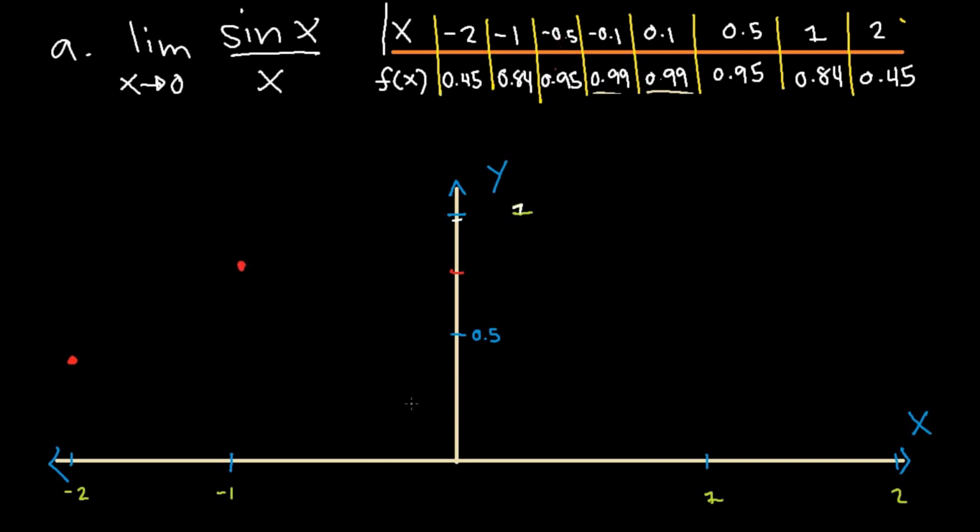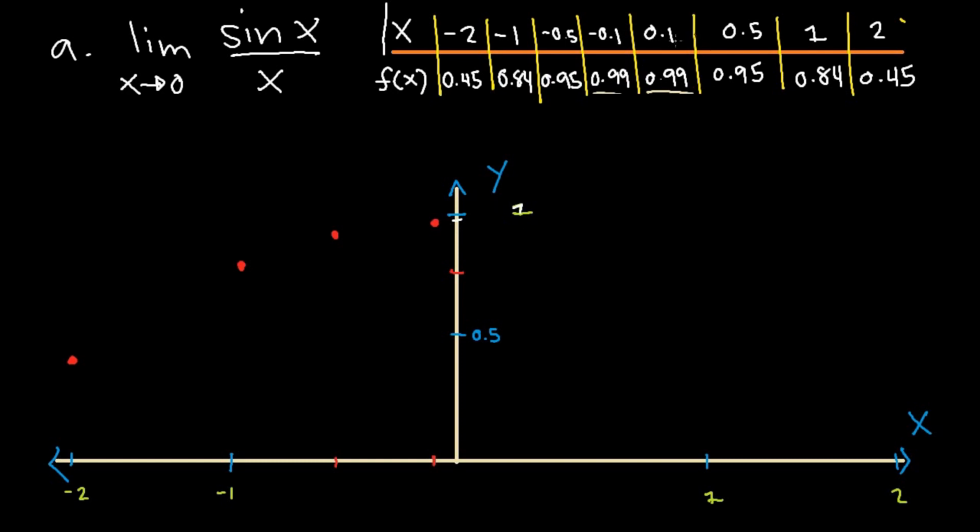So negative 0.5, which is diri, imong value sa y is 0.95. So that's approximately diri. Tapos sa negative 0.1, approximately diri ang negative 0.1, imong value sa y is 0.99. So that's approximately here.